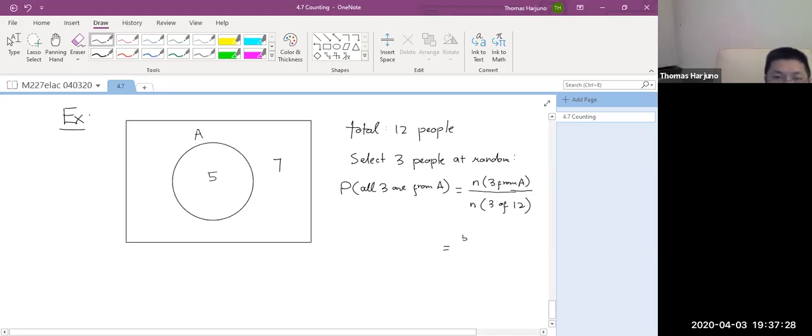There will be 5 combination 3, over how many ways we can select 3 people of the total of 12. There will be 12 combination 3.